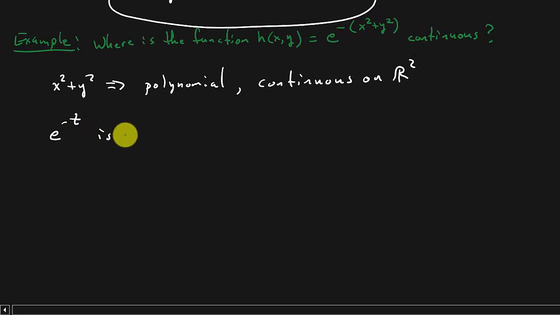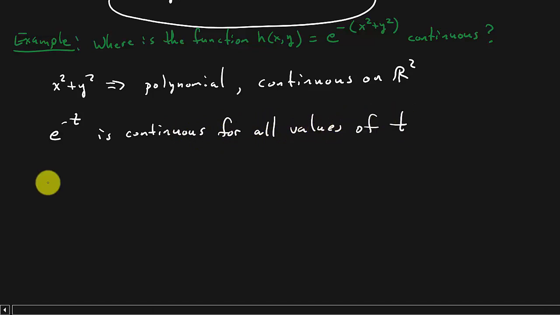So we know this is continuous for all values of t. So we know that h of (x, y), which is equal to e to the negative (x squared plus y squared), I mean, we know here that the exponent can be anything.